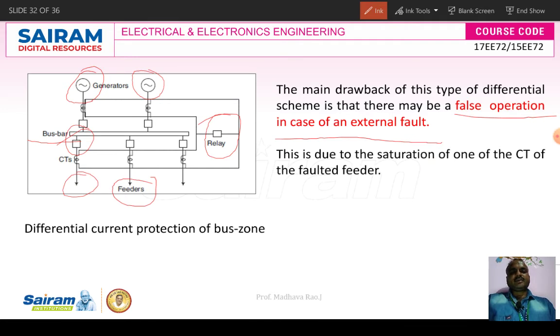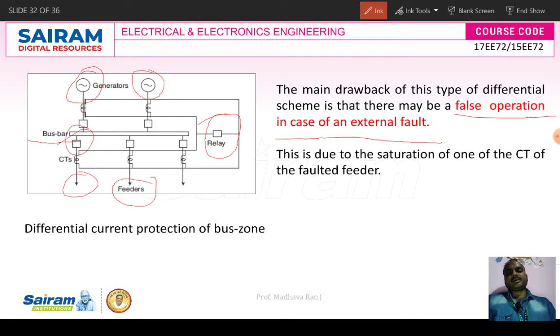When an external fault occurs, this protection is not suitable and will give a false operation. This is due to saturation of one of the CTs of the faulted feeder.